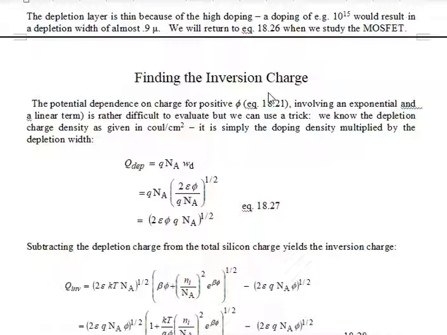But I'm really interested in inversion charge. So what do we do? Well, let's see what the depletion charge is. The depletion charge is just the depletion charge density in coulombs per cubic centimeter, which is qN_A, multiplied by the width. That will give us the depletion charge density in coulombs per square meter.